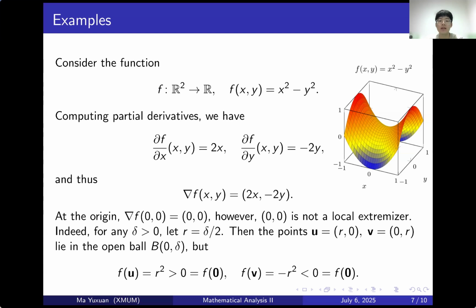This means that the origin is not a minimum or a maximum. Actually, we call this point a saddle point. It sits right at a turning point in every direction. By looking at this figure, we can see this more intuitively. And this is why it is called a saddle.